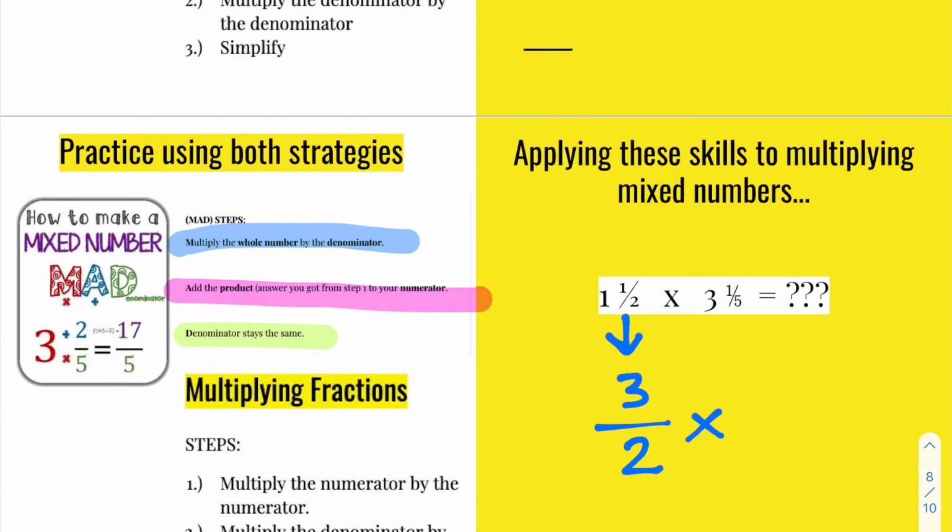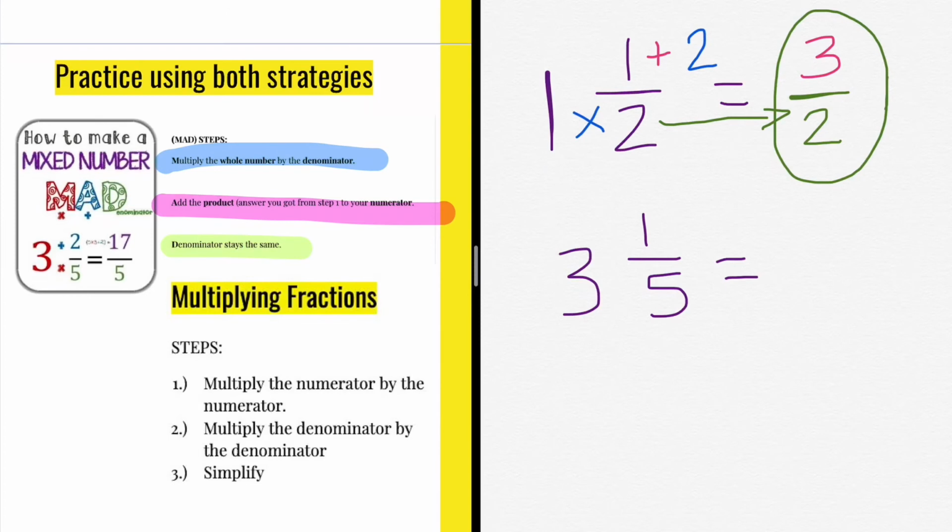Now let's do the same thing for 3 1/5. What do I do first? Did you say 3 times 5? That's right. And 3 times 5 equals 15. What is my next step? Did you say 1 plus 15?